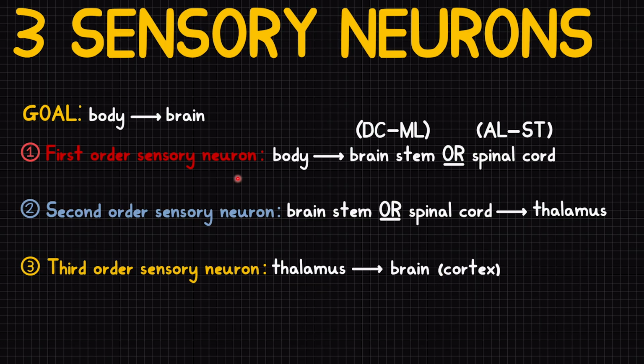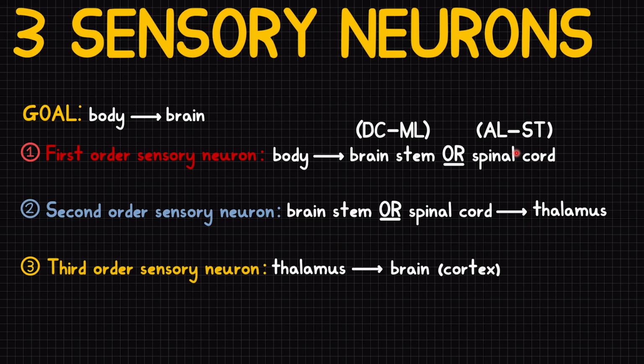Now, remember the different levels of myelination in the DCML and ALST pathways. What were they? DCML were myelinated A alpha or A beta fibers, whereas ALST were the thinly myelinated A delta fibers or the unmyelinated C fibers.